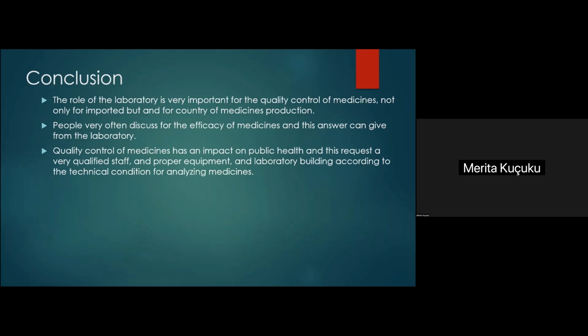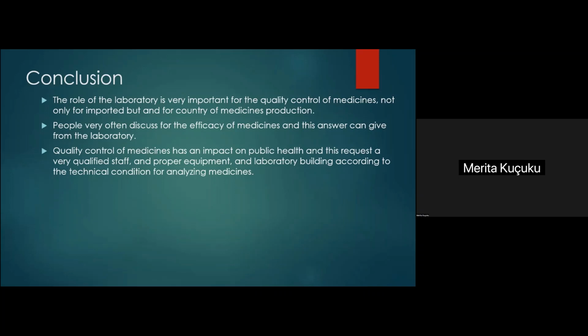People very often discuss the efficacy of medicines, and this answer can come from the laboratory. One colleague from Acibadem explained very well what we need to know about the medicines used in the hospital: the dose, the efficacy of the medicine, and the effects of the medicine.